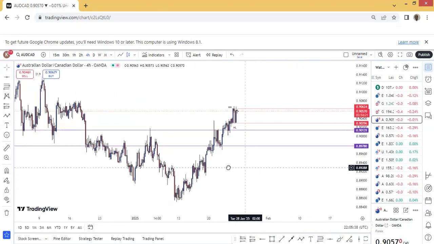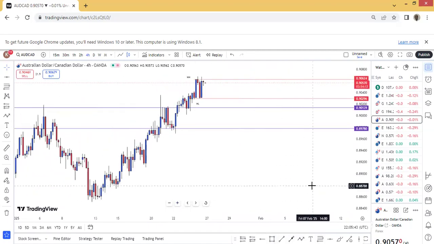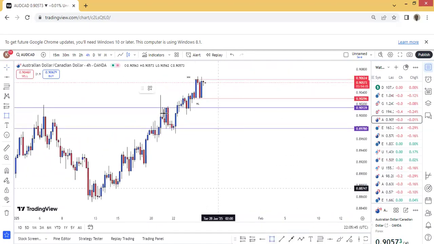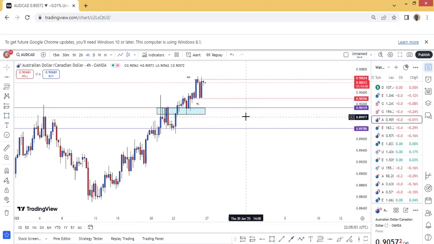Great. Now, these are the kind of pairs that you can swing when you have all the time frames pointing in the same direction. Yeah, so this will be our zone. So we are expecting that price will come down and then go up.